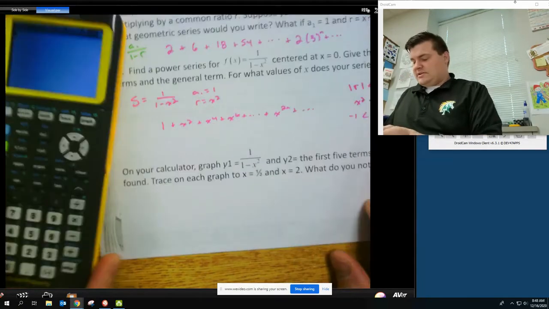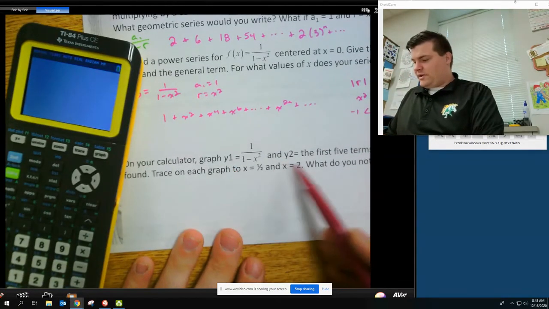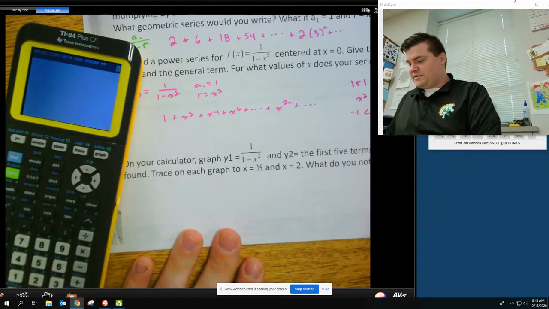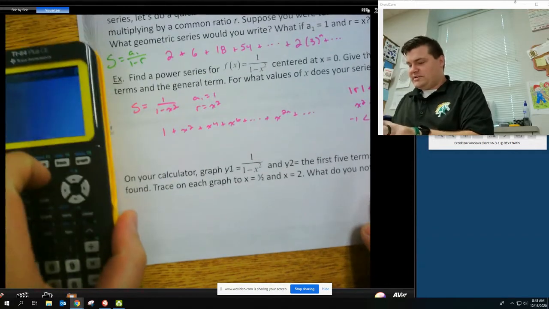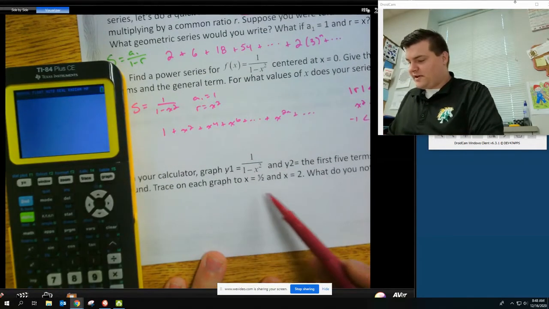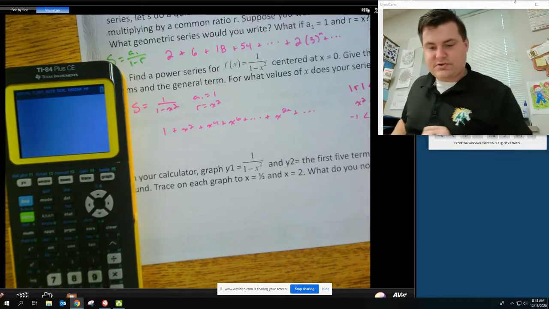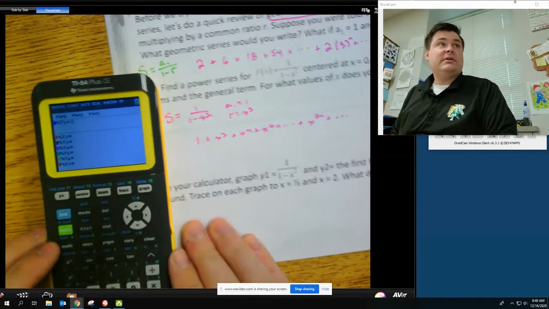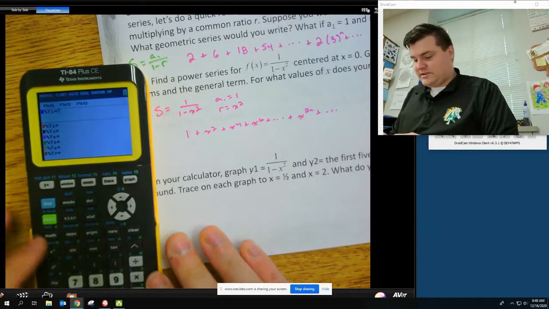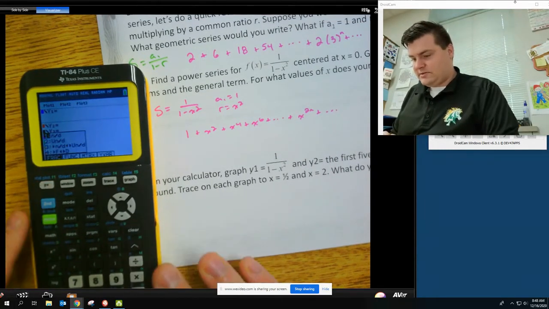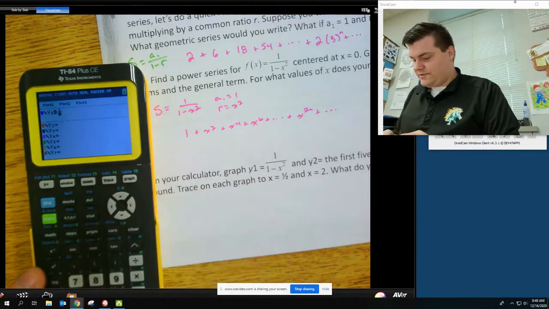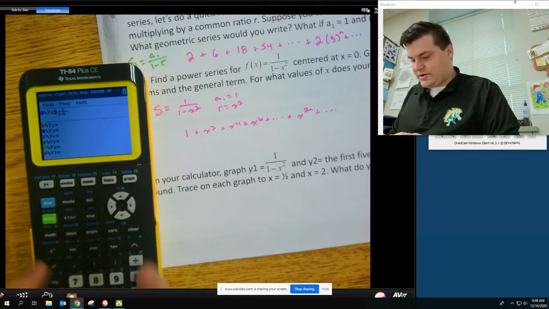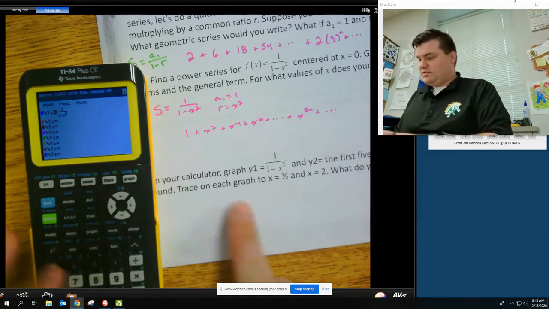Okay, so on your calculator, it says to graph that in y1, and y2 is the first 5 terms of the series you found, and we're going to trace each graph to find x equals 1/2 and x equals 2. So all right, let's do that. y1 is going to be this function, 1 over 1 minus x squared, and y2 is the first 5 terms.